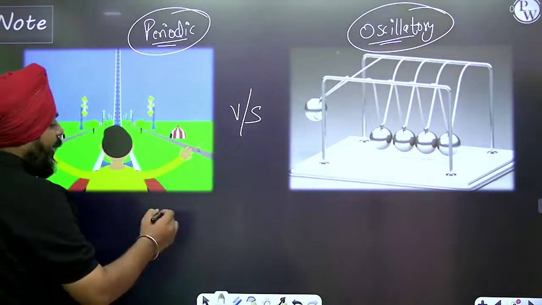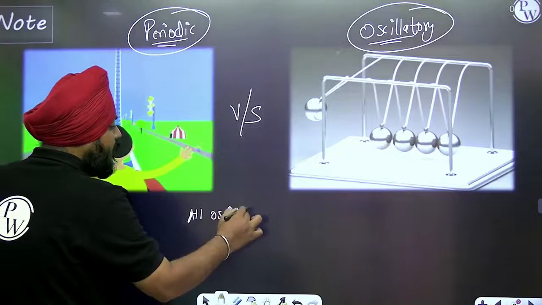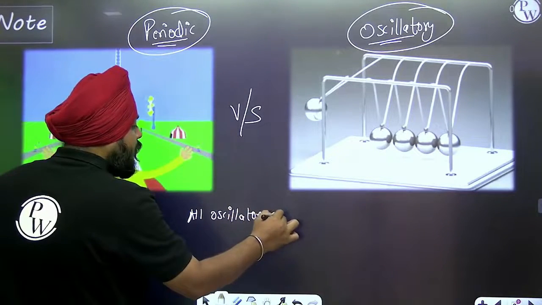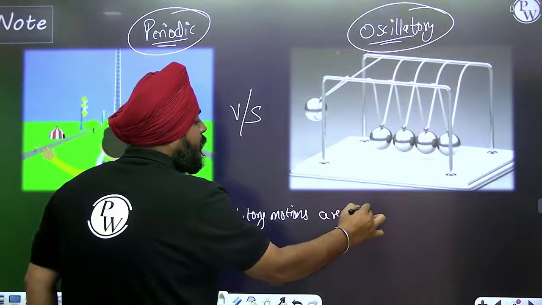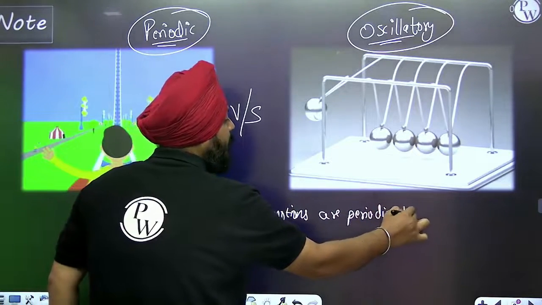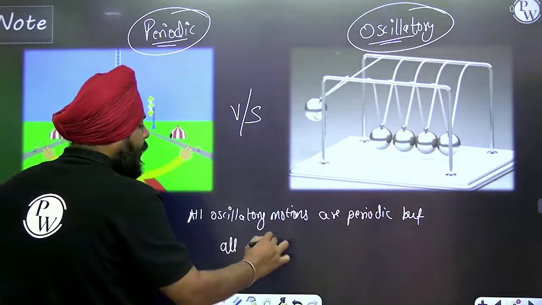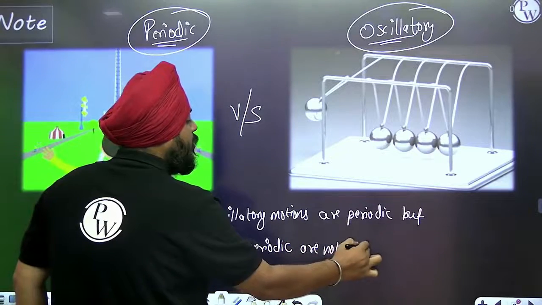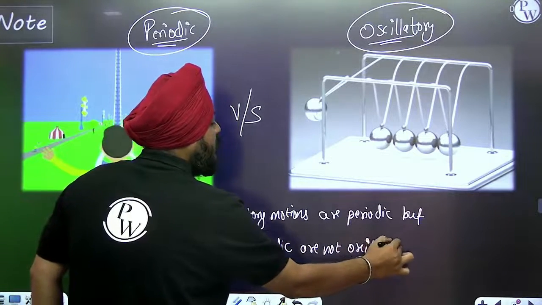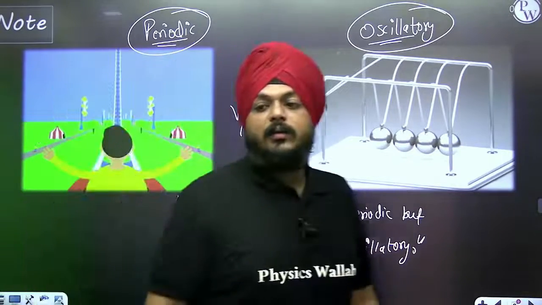So in this way, I am going to write down this statement: all oscillatory motions are periodic, but all periodic are not oscillatory.